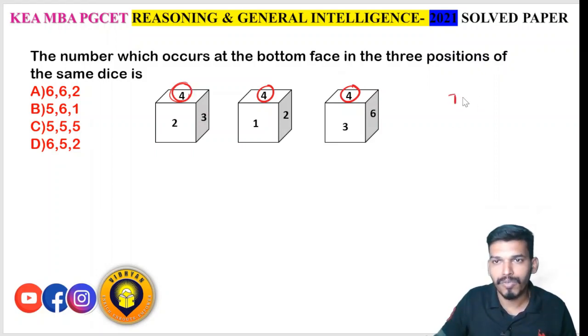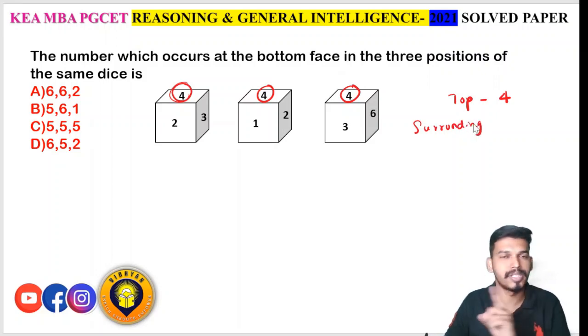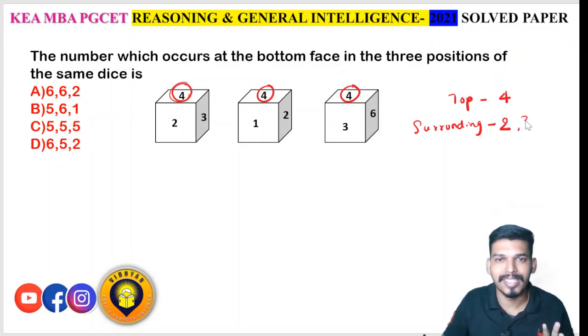Since the top face is 4, the surrounding faces must have 4 numbers, because it is surrounded by 4 faces. Just see which numbers are there: 2, 3, 1, 6.